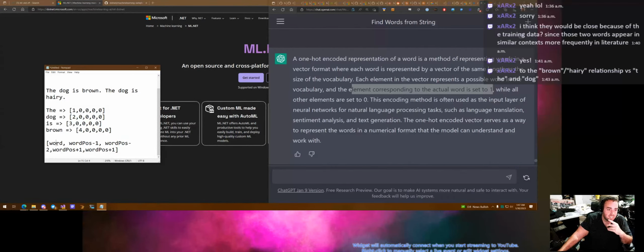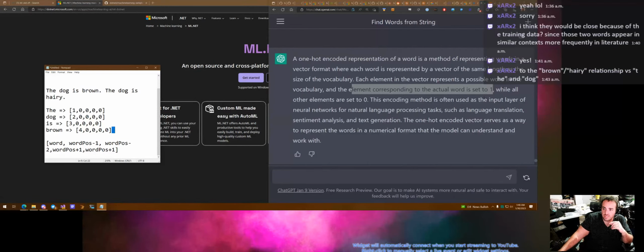This is what it would represent. So basically the word the is 1, dog is 2, is is 3, and brown is 4. And that's what it would look like in our vocabulary, I think, just a list of words without any other data associated with them.